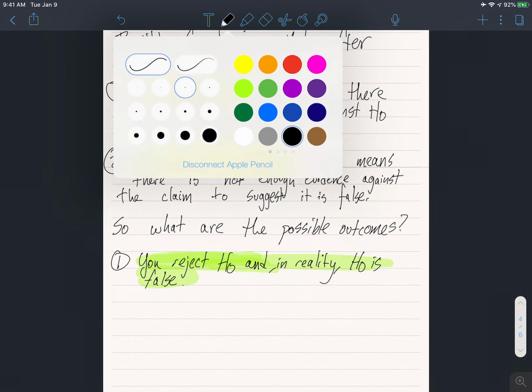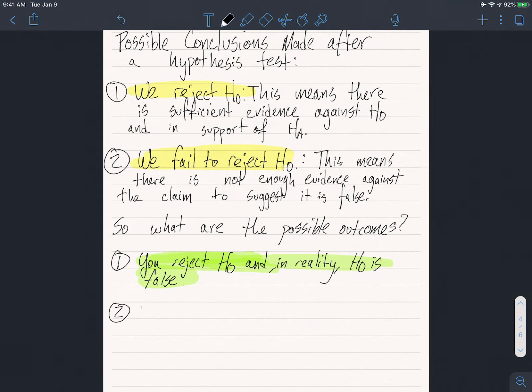The second possible thing that could happen: you reject H0, and in reality, H0 is true. So I say that 42% of my students get Bs. You go out there, you do some math, you sample, and you say, no, I don't believe you.